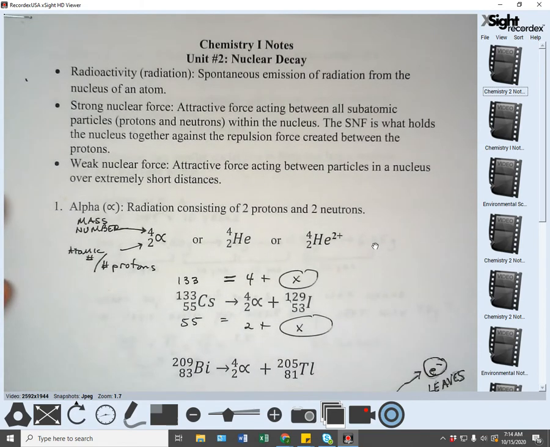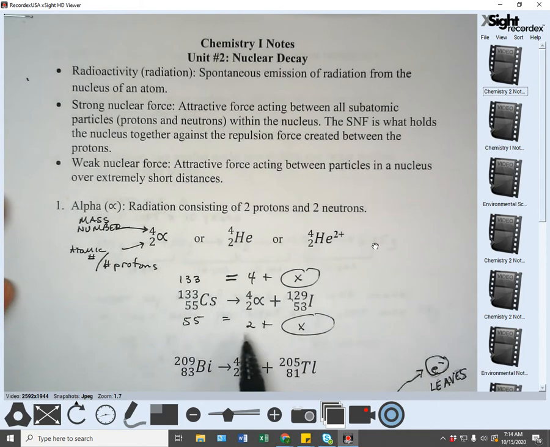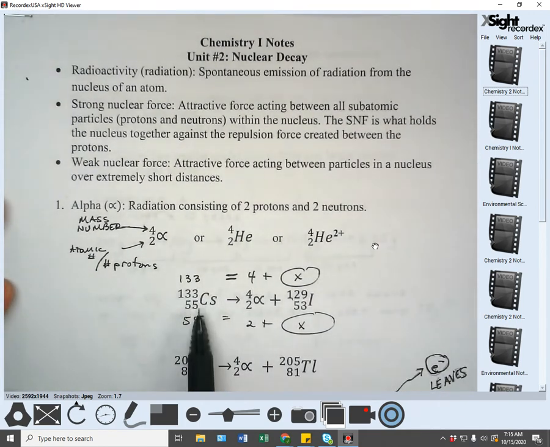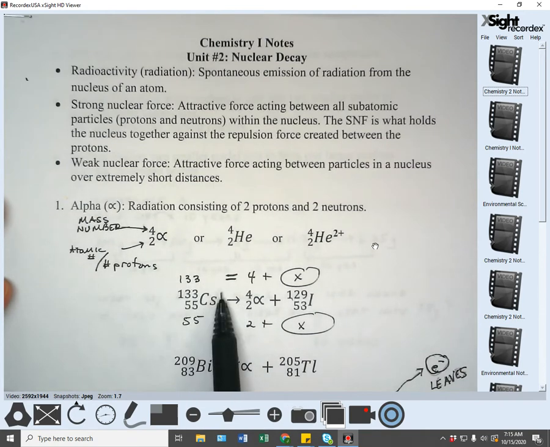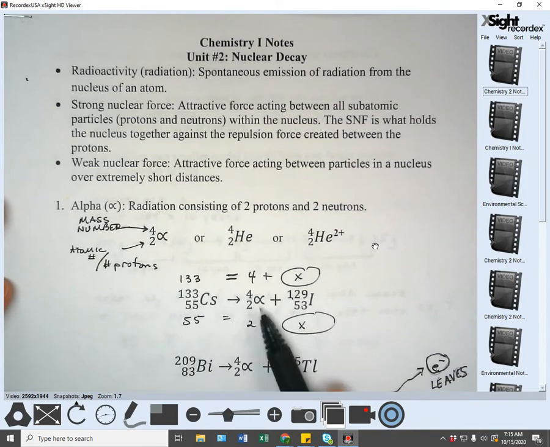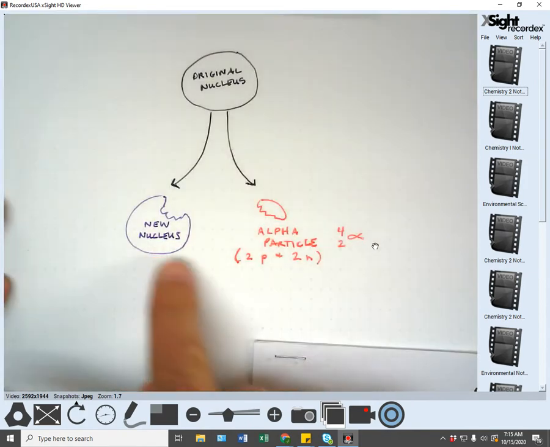Okay. All right. How does the equation work? Well, the way the equation works is it's just like an algebra equation. The arrow is the equals. This is before the decay. This is after the decay. So remember, before, you have one thing and it busts apart into two things, right?